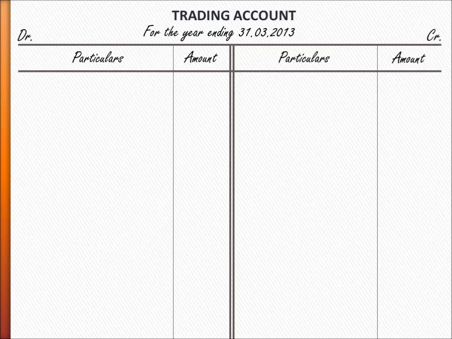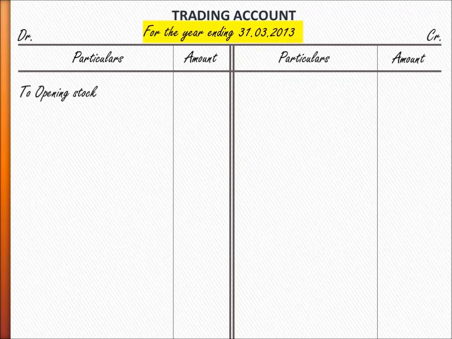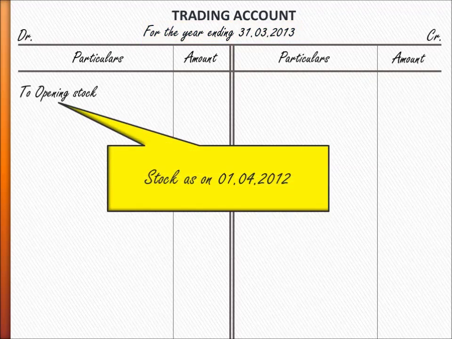On the debit side, first of all, at the top corner, you should write opening stock, because in this trading account the closing date is 31st March 2013. So opening stock means stock as on 1st April 2012.